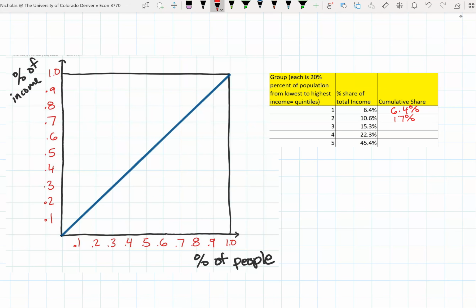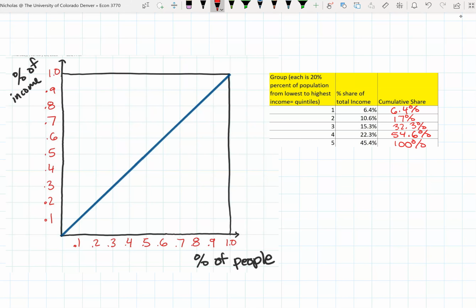Then the third group gets 15.3% of the total income, and when we add them together, we get 32.3% of total income. Then the next group gets 22.3% of total income, so 32.3 plus 22.3 is 54.6% cumulative. And finally, the last group, the top 20% of people, get about 45% of the total income, and so we get up to 100%. We're always going to get up to 100%.